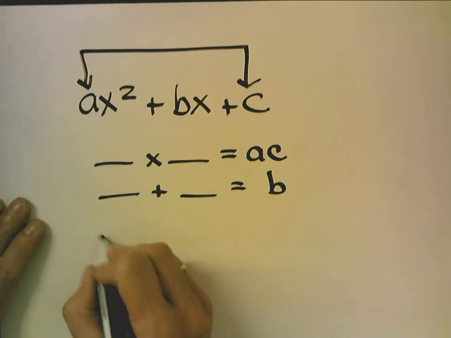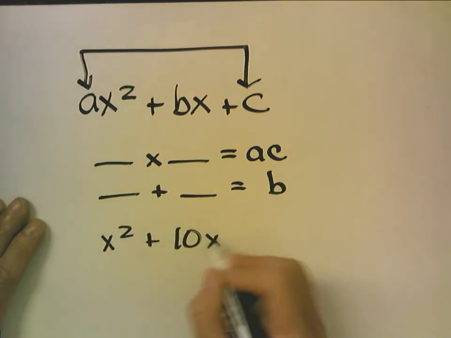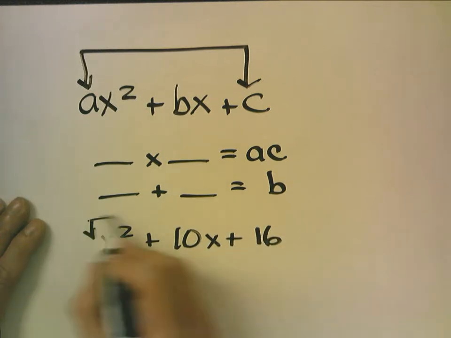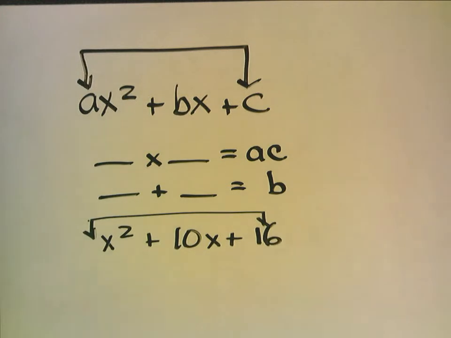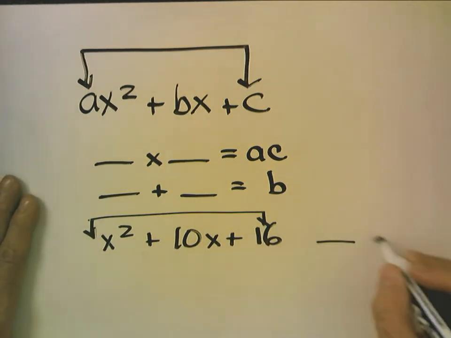So, if we look at the example that I first showed you, x squared plus 10x plus 16, in this case, a is 1, and we're going to start out where a is always 1, but we're going to use the same procedure when a is not 1. So 1 times 16 is 16.